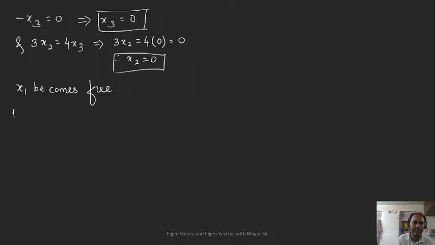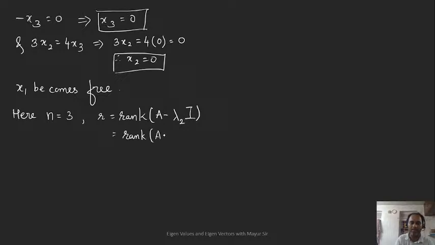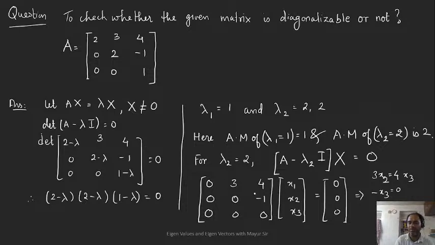So here n is equal to 3, and the rank of A minus lambda 2I, which is the rank of A minus 2I, becomes 2. We can check this. The rank over here is 2.